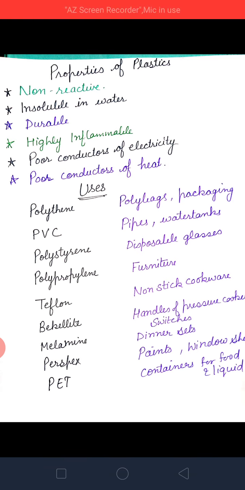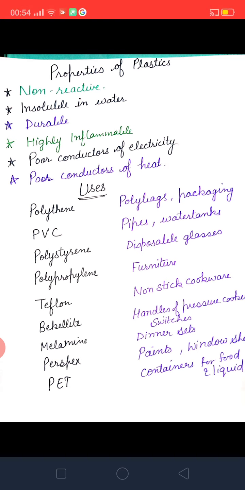But the plastic must be of good quality. If plastic is not of good quality, then we can't store food in that plastic. That plastic will make our food toxic, and if we eat that toxic food, it can even lead to food poisoning. So we should always use good quality plastics.